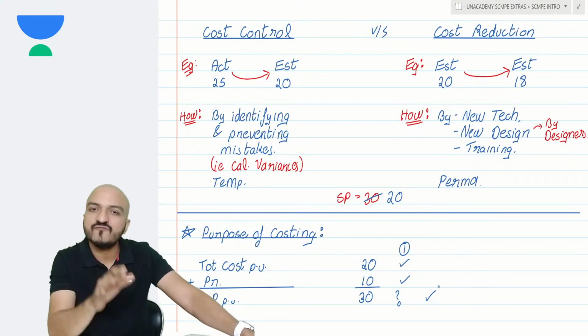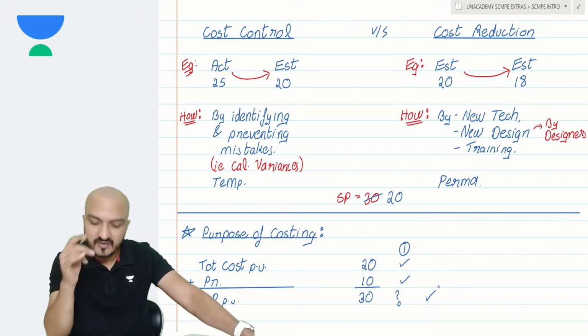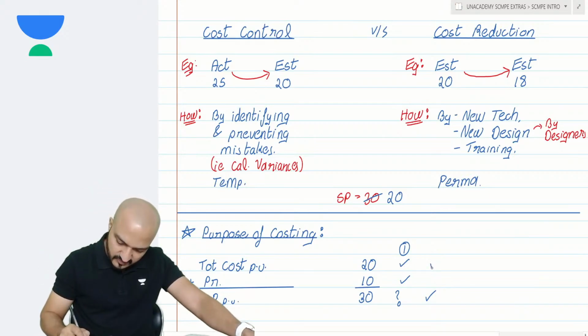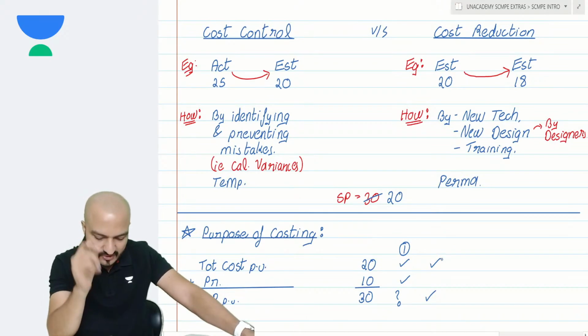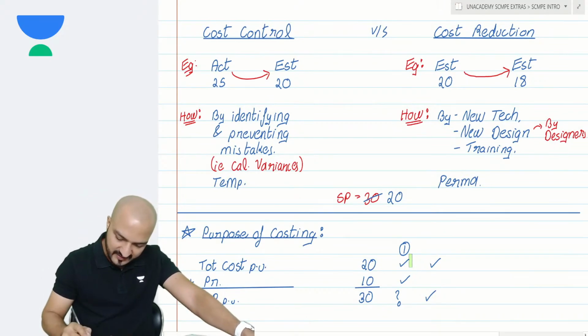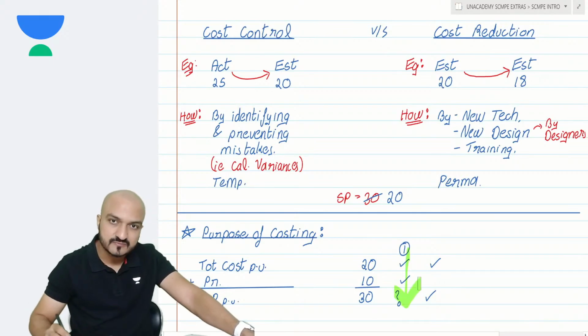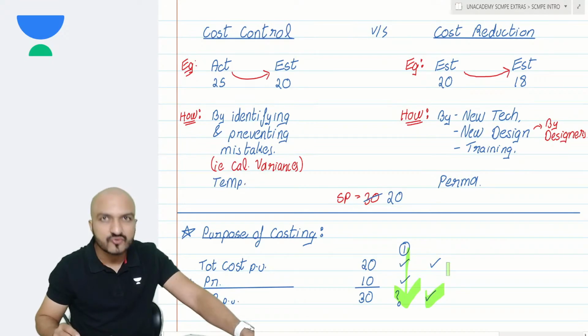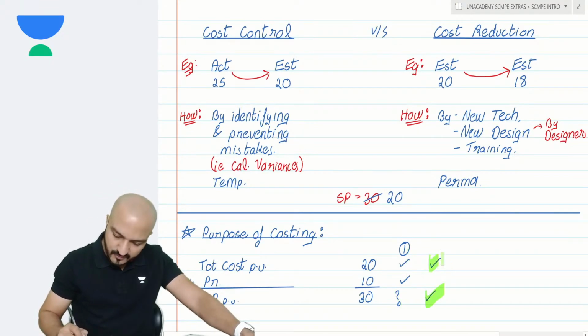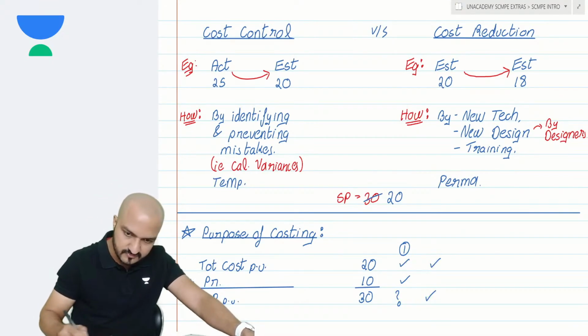So if you don't have to decide your price, then what is the purpose of calculating a cost per unit? You told me that cost per unit is calculated so that we can determine the price. But if price you don't have to determine, then what is the purpose of calculating a cost?